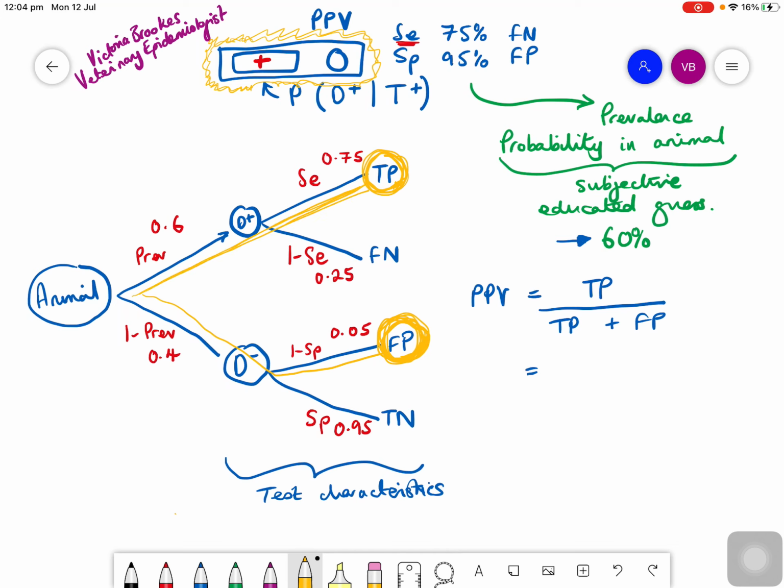So let's look at this arm first. We know that the numbers there are 0.6 times 0.75.